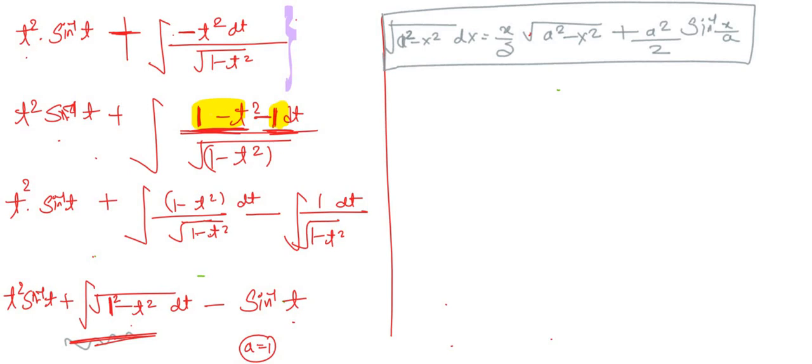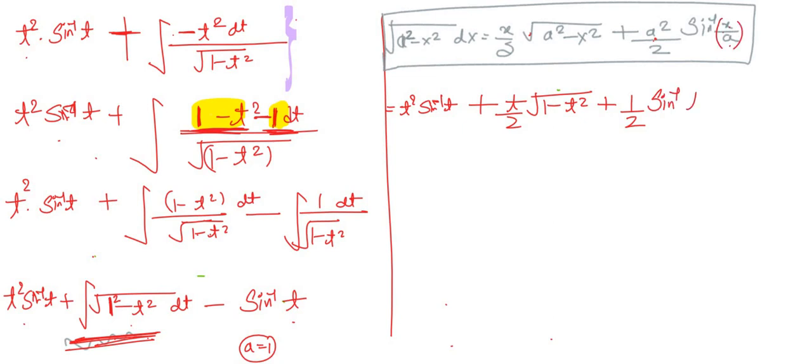According to this, this will become t square sine inverse of t, first term, plus now I am integrating this term considering a is 1. So it will be t by 2 root of 1 minus t square plus a square, which is 1, by 2 sine inverse of t by a, and a is 1 only, minus, what is this?